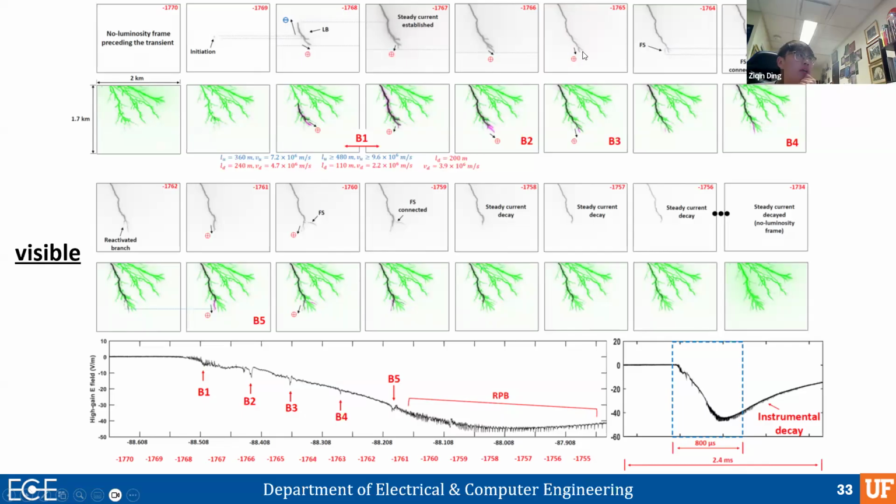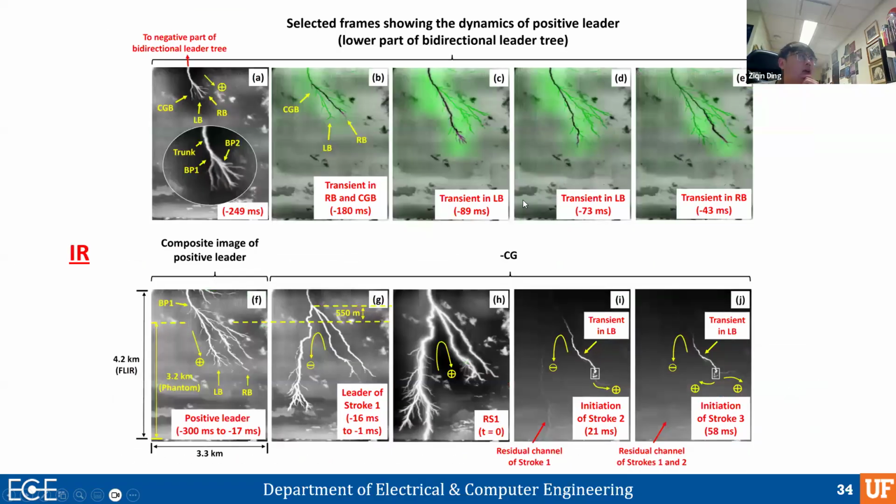We call it a new breakdown. And this sequence will happen multiple times for the positive leader. Traditionally we think the positive leader propagates continuously, but in this study we found that it can propagate through luminosity transients. So here is how it looks in the infrared.